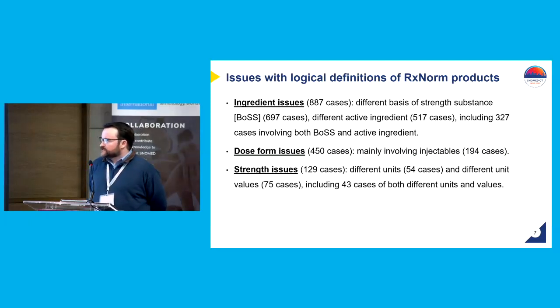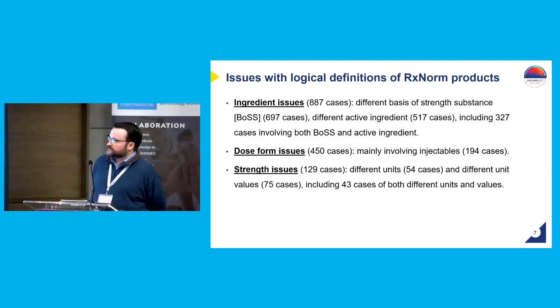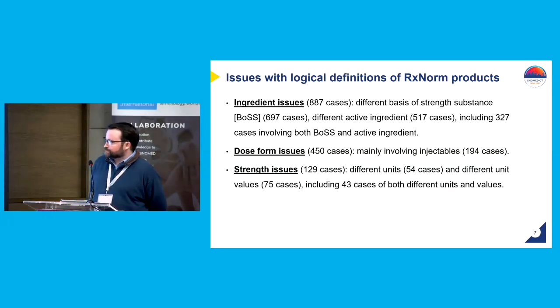So many of these dose form issues were with injectables. For instance, an auto injector in RxNorm is not represented efficiently in SNOMED CT. Strength issues: different units, different unit values, and some overlap again.